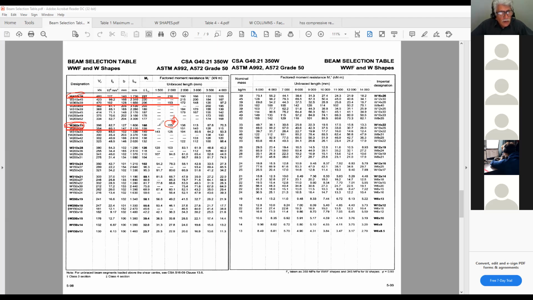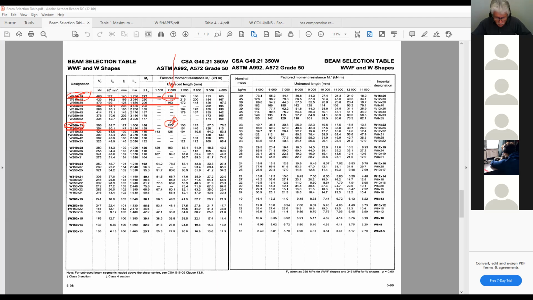But now for this one here, is there any reason why you didn't go for this one? It's the same weight. I was looking at the MR value. To be honest, I was looking at how close it could be to the MF. Yeah, but remember, when you come to the tables, the first thing you worry about is this column here. You look at the MR value, which has to be bigger than the MF value.